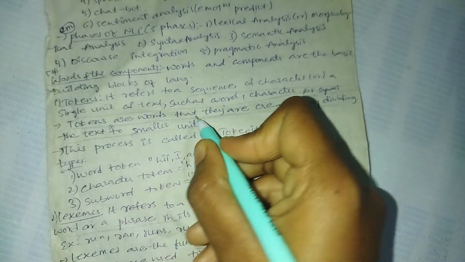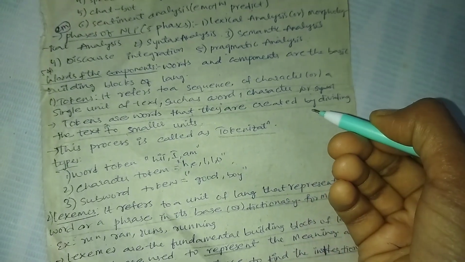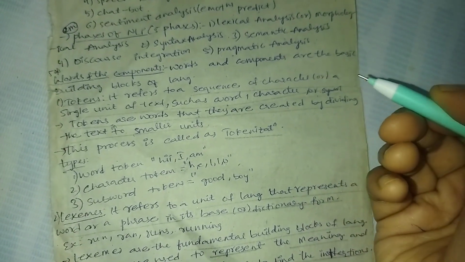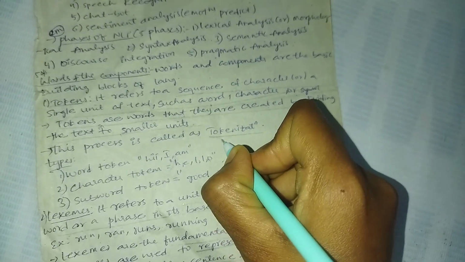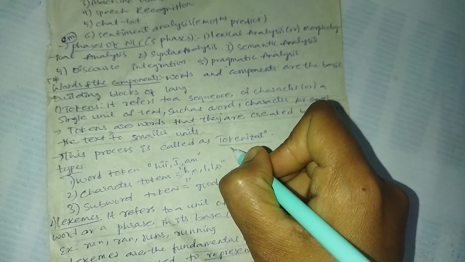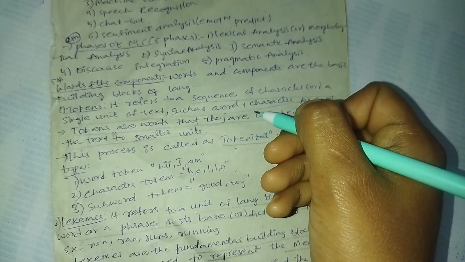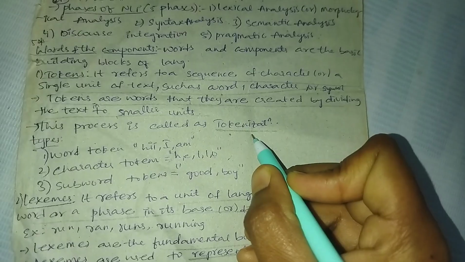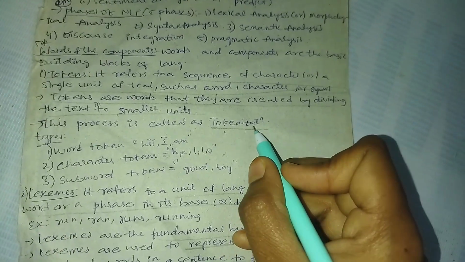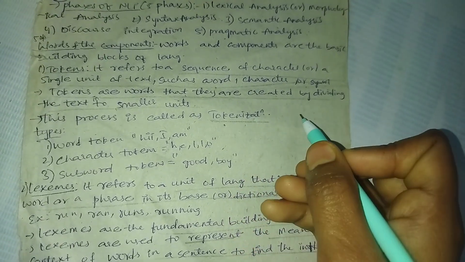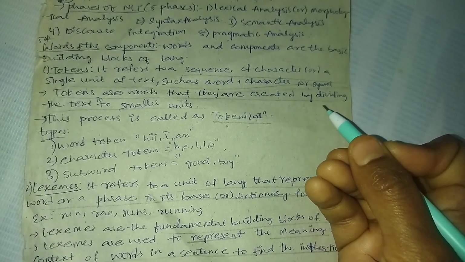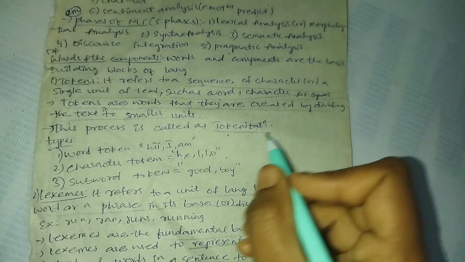Tokens are created by dividing the text into smaller units. Tokenization is the concept of finding the tokens. We use tokenization in these forms: word token, character token, subword token. These are the examples and types.